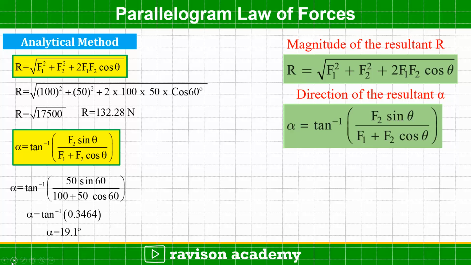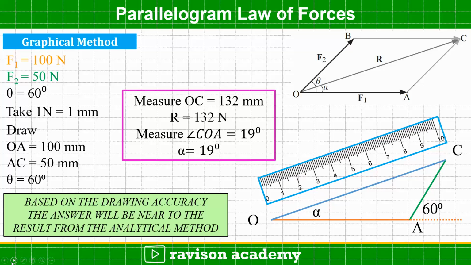We know F1 is 100, F2 is 50 and theta is 60 degrees. We will get the resultant as 132.28 Newton and the direction of the resultant alpha equals 19.1 degrees.